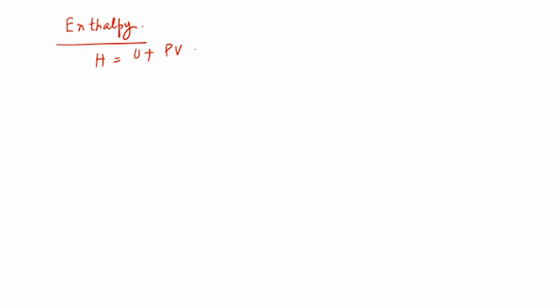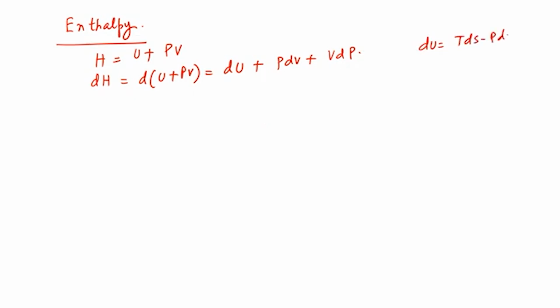So, we take dH, and dH is equal to d of (U plus PV), which is equal to dU plus PdV plus VdP, and once again we use dU equal to TdS minus PdV, that is combining first and second law. So, this will be TdS minus PdV plus PdV plus VdP. Clearly, the PdV will cancel out and we get TdS and VdP.